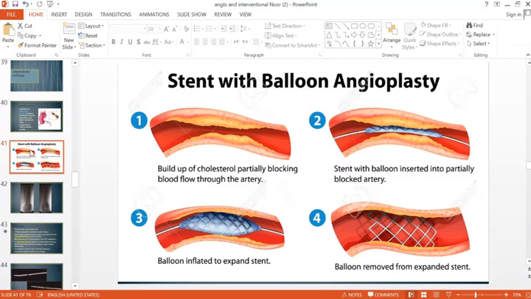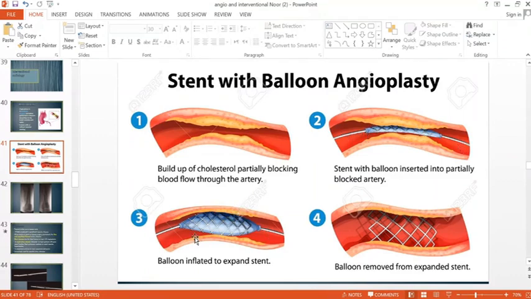So angioplasty, as we said, is with or without stenting. When you have buildup of plaques that's chronically blocking the flow, then we will traverse this area by a catheter with balloon.